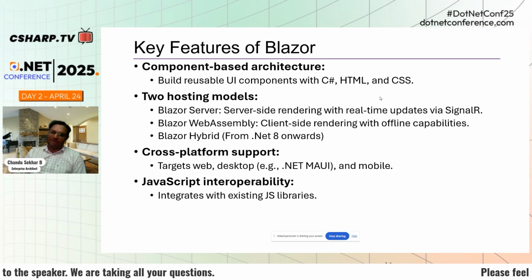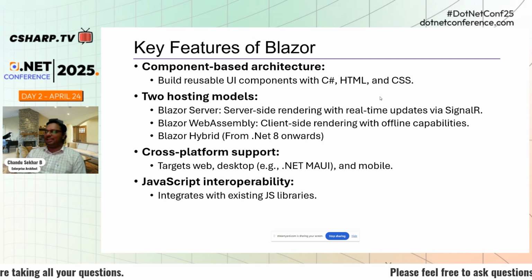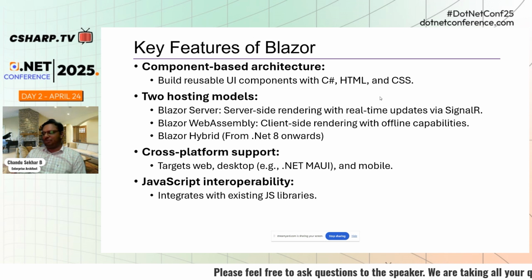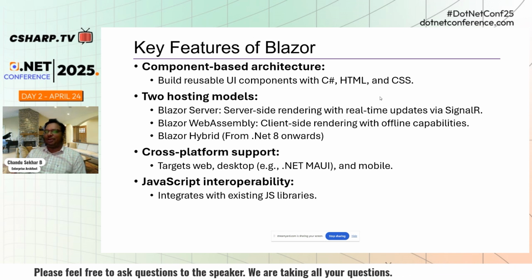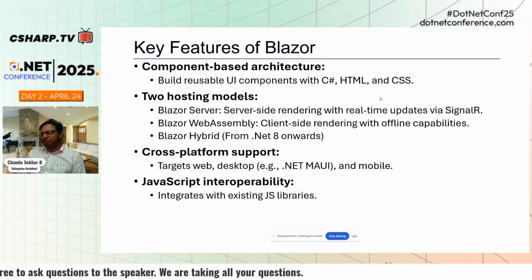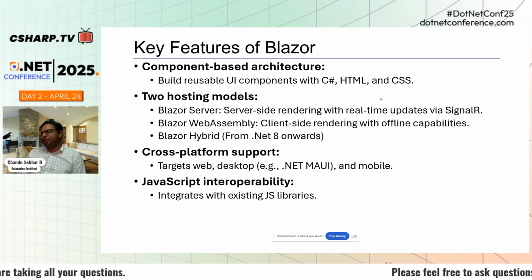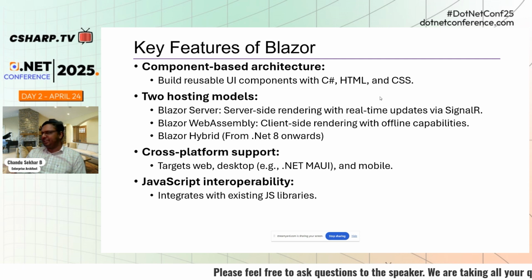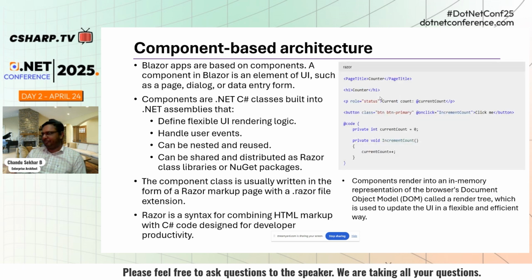Looking back at the history, with ASP.NET and ASP.NET MVC, whatever we developed, somehow we relied on JavaScript. Here also, it supports the same sort of thing, but it's more into Razor and C#. These are the key features of Blazor.